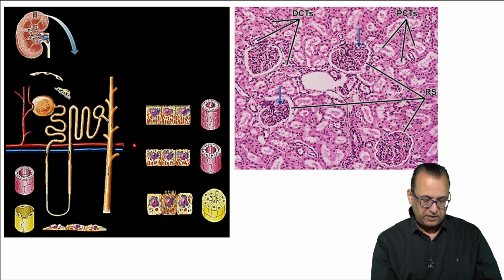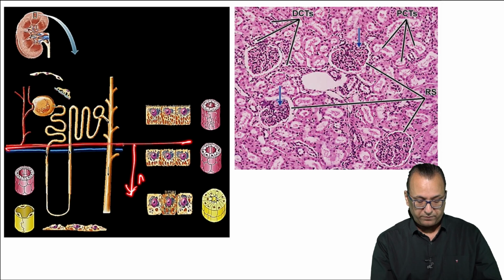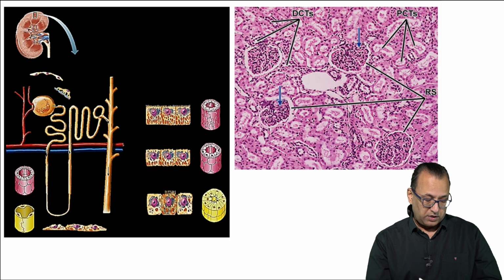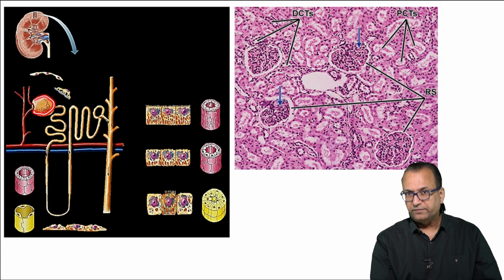Whereas if you look at the renal medulla below this, you will have the loop of Henle and part of the collecting ducts in the medulla. Now, what is the lining epithelium of Bowman's capsule?